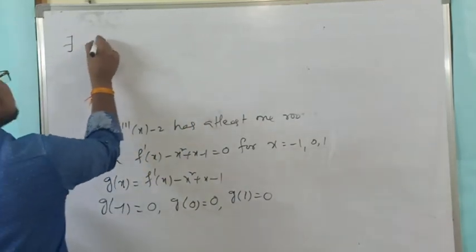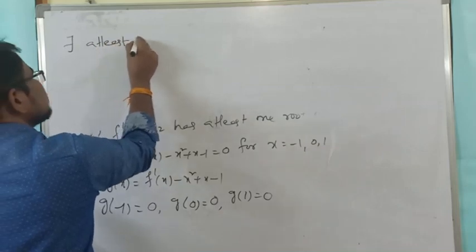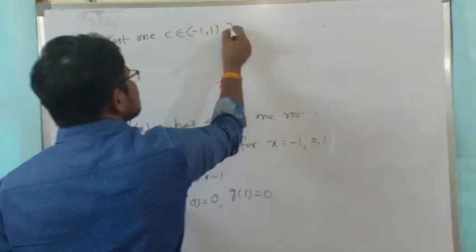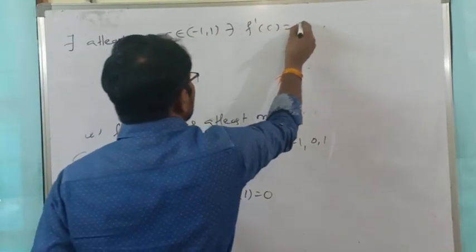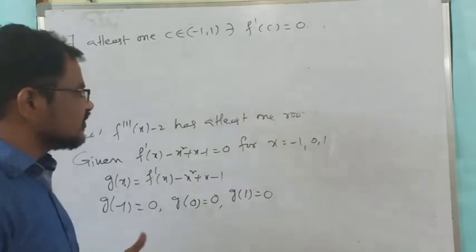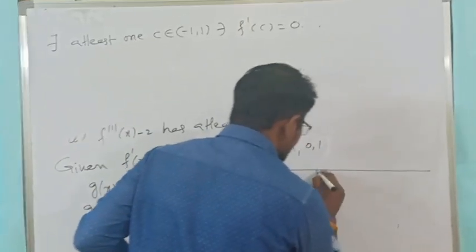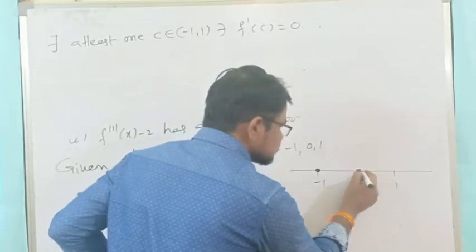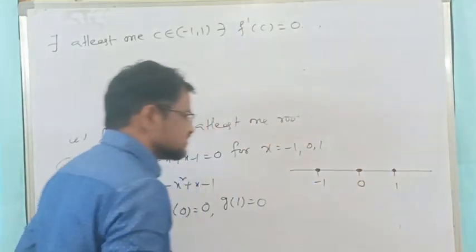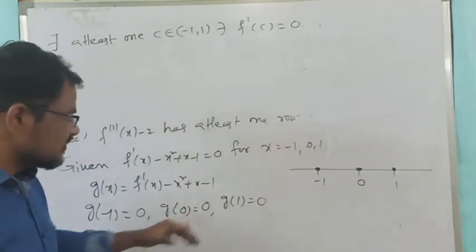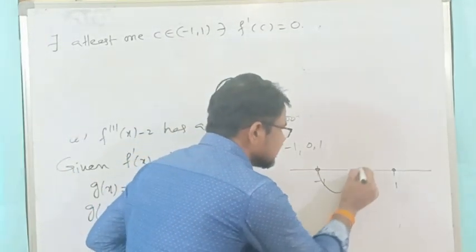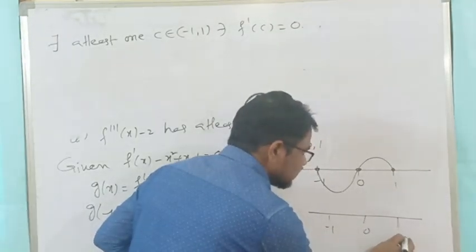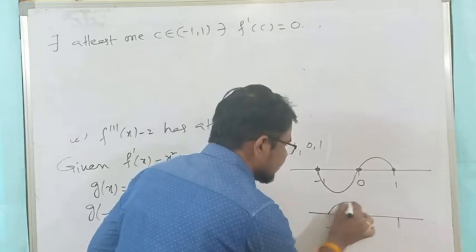there exists at least one point c belongs to (minus 1, 1) such that g dash of c equal to 0. But clearly we know that at minus 1, 0 and 1 the functional value is 0, here also 0, here also 0. Means the curve may be like this, or the curve may be like this also you can take.